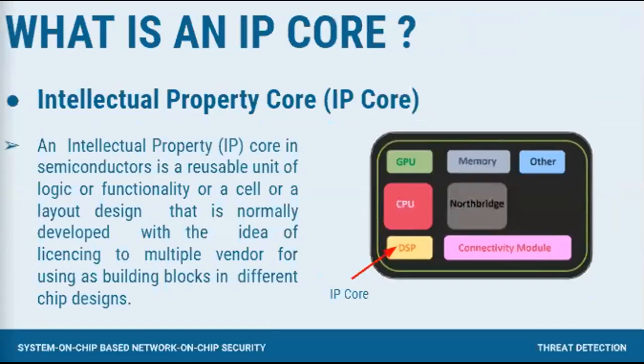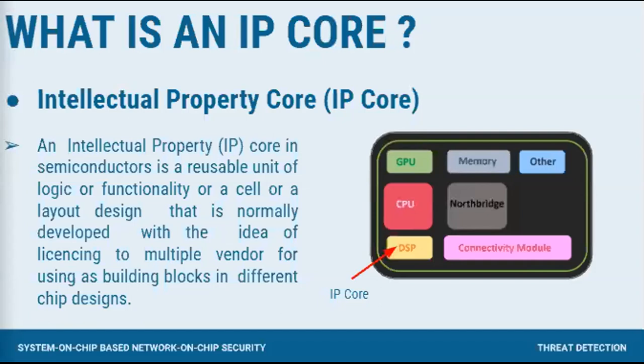To give an idea about what an intellectual property core is, in a system on chip we see a CPU, a GPU, a memory, a DSP module, and a connectivity module. All these modules are called IP cores. IP cores are reusable units of logical functionality within a system on chip, and there are multiple vendors in the world who build these IP cores from a design perspective, and these are combined into a single chip at one place.